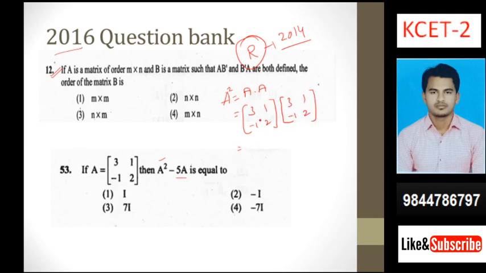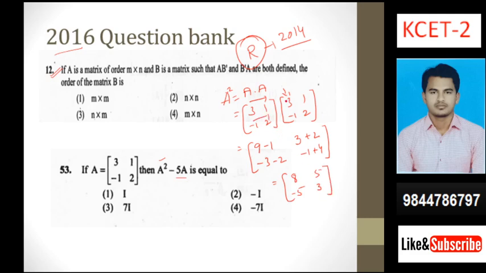Now multiply row into columns: 3 times 3 is 9 minus 1, 3 times 1 is 3 plus 2, minus 3 and minus 2, minus 1 plus 4. It is equal to [8 5; -5 3].